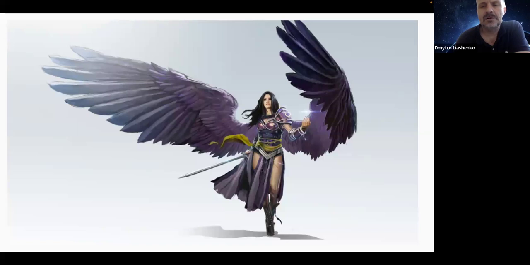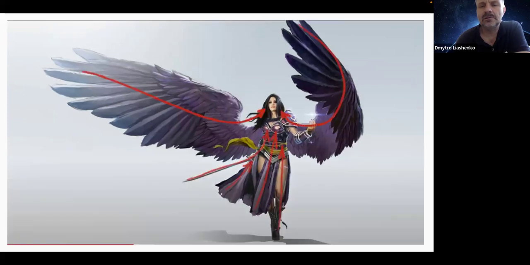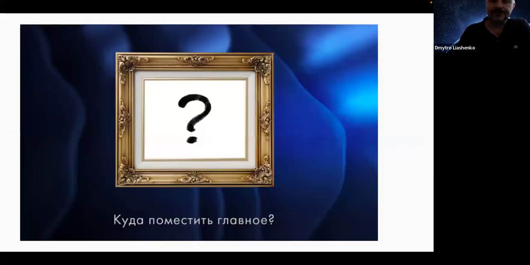Also, the figure of a girl and lines put our attention to a particular place of a picture.